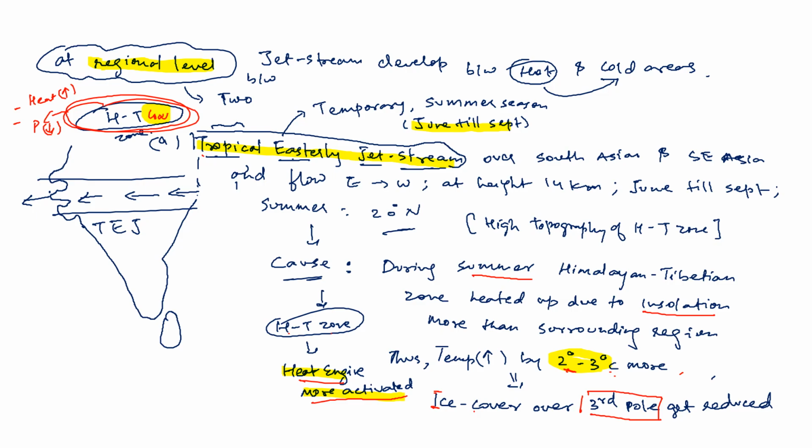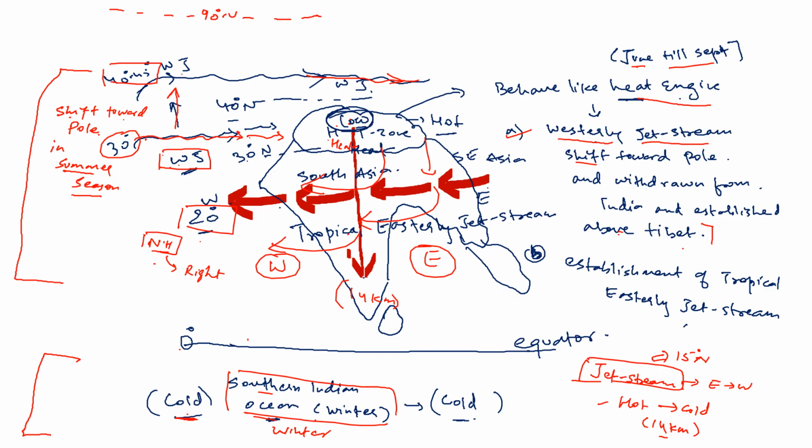When this situation arises, the Himalayan Tibetan zone becomes a hot area, and south of the equator, the Indian Ocean is the cooler water body. So now the jet streams start moving from the Himalayan Tibetan zone towards the south, over the ocean. In this process, in the northern hemisphere, due to the Coriolis effect, it turns towards the right, and the result is east to west flow.